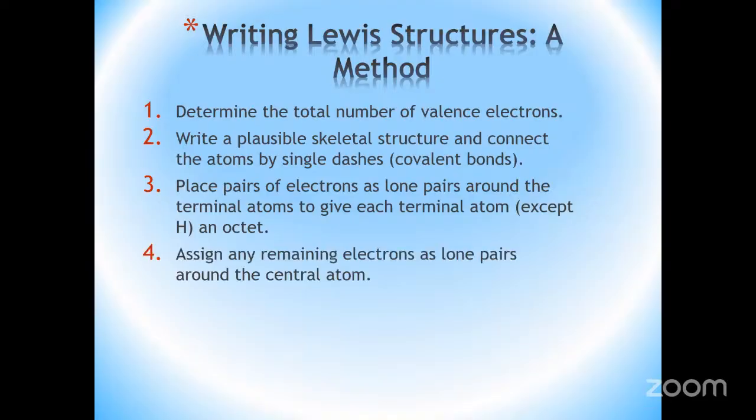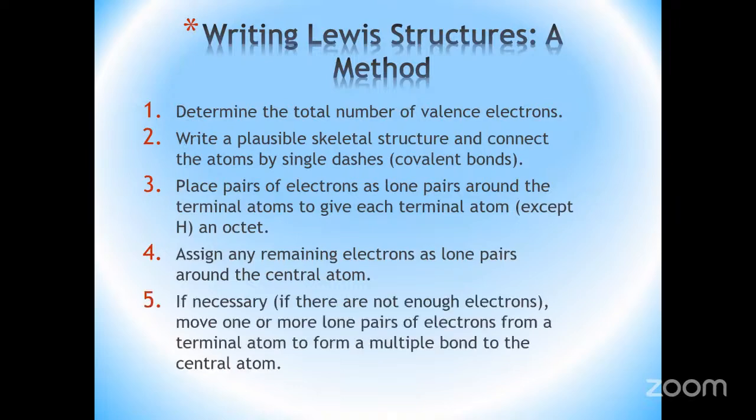The fourth step is that if you have any extra electrons left over, you place those electrons on the central atom as lone pairs. And then the fifth step, if necessary, and if there are not enough electrons, you move one or more lone pairs of electrons from the terminal atoms to form multiple bonds to the central atom. So these are basically the steps involved in drawing Lewis structures.